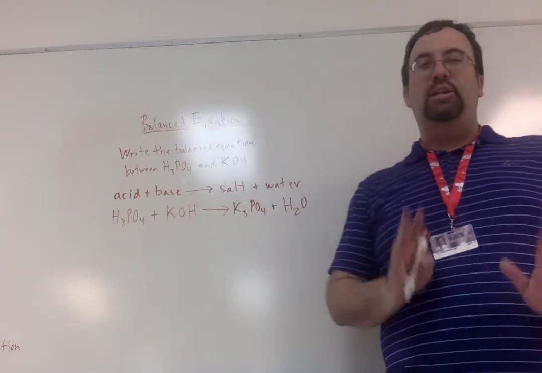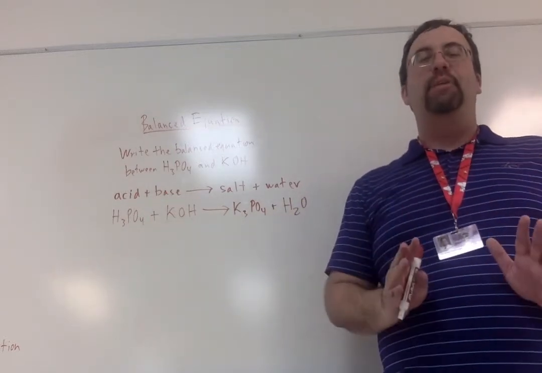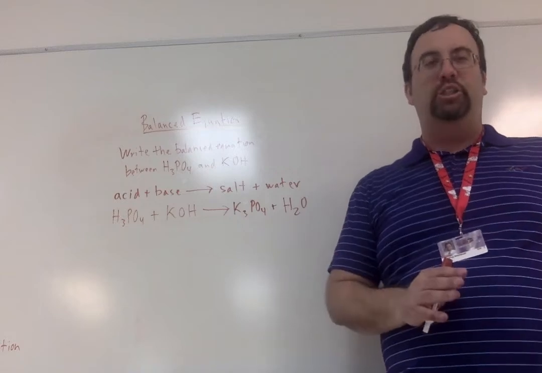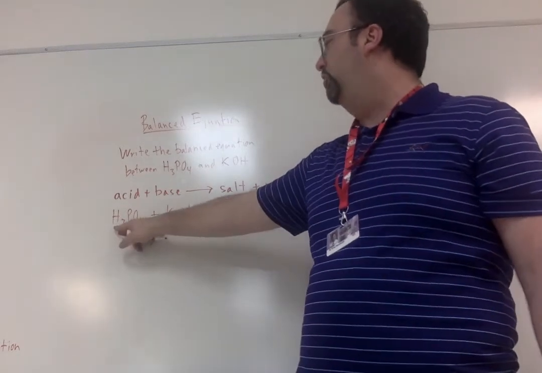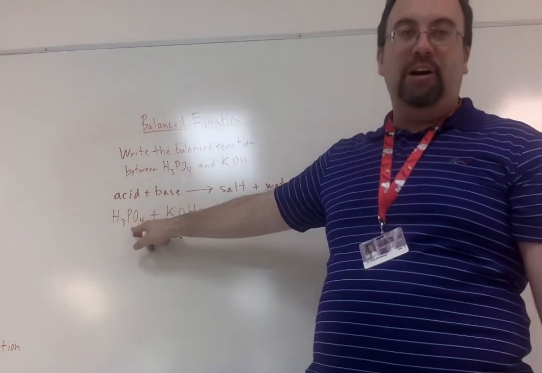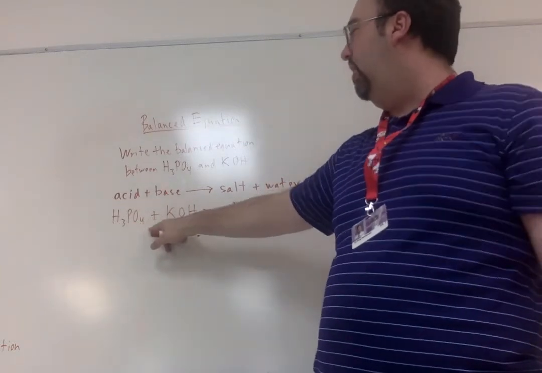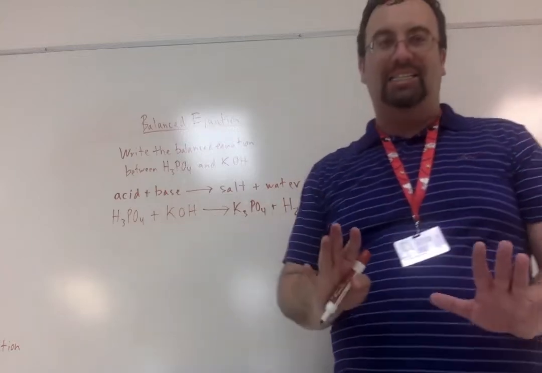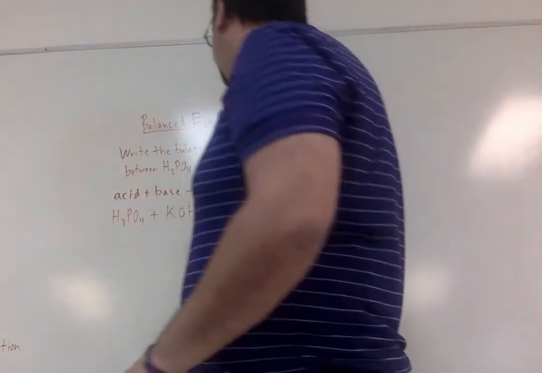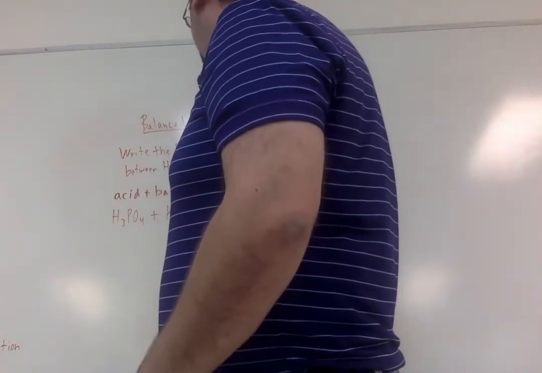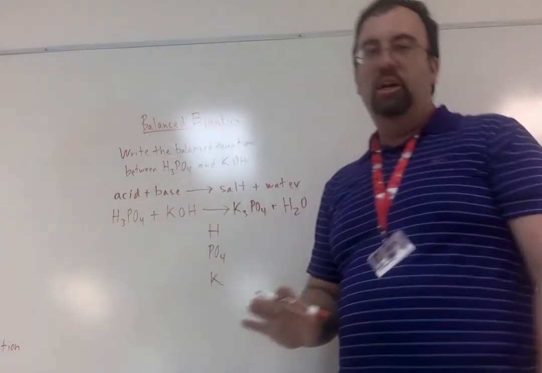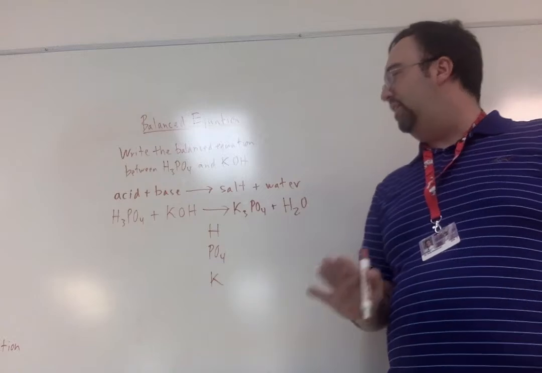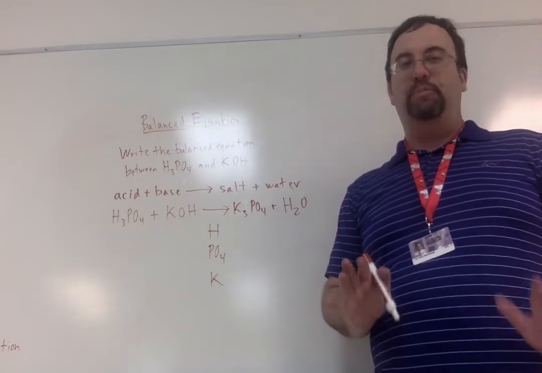All right, and so this now is our skeleton equation because we have to balance this out. Let us go ahead then and count up the number of atoms on both sides of the equation, and then we can go from there to balance it out. And so we have hydrogen, we have a phosphate, which I'm going to keep together, and then we also have potassium. So again, I'm going to keep the phosphate together because it'll make this easier to balance.